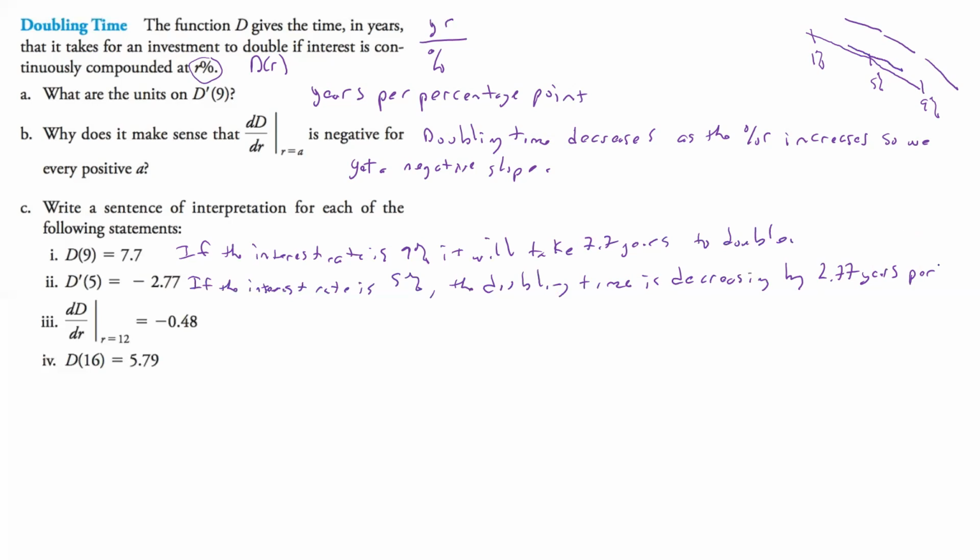Because we're dividing the percent on the bottom and years on top, it's decreasing by that 2.77 years per percent.